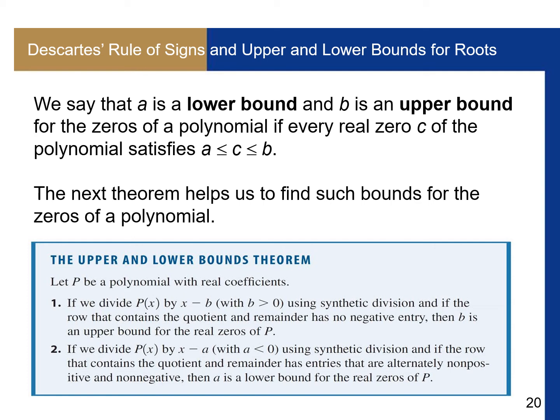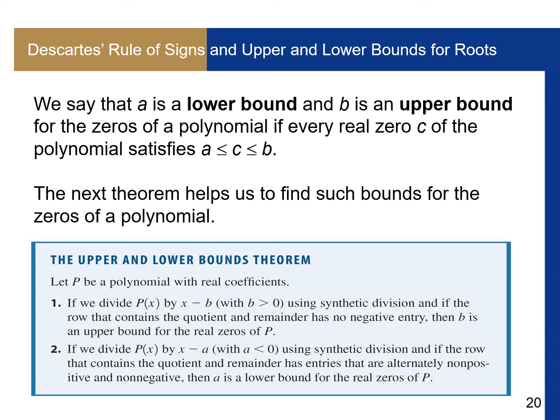Okay, so now we say that A is a lower bound and B is an upper bound for the zeros of a polynomial for every real C of the polynomial that satisfies C is bigger than or equal to A and less than or equal to B. So the next theorem helps us find the bounds. And again, we might be thinking, why are we examining the bounds?